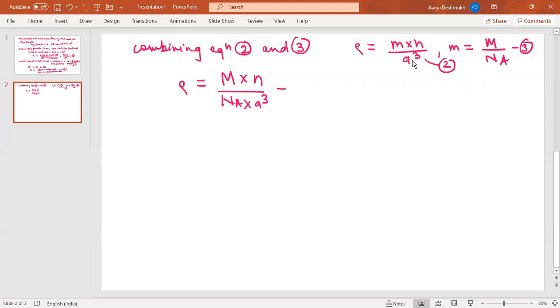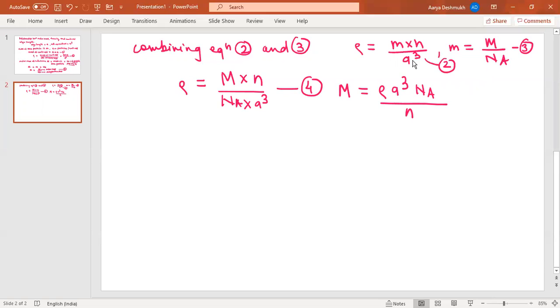On combining these two, you get equation number 4. If you rearrange this equation to find the molar mass, capital M equals rho, that is density, into a cube into Na divided by small n.